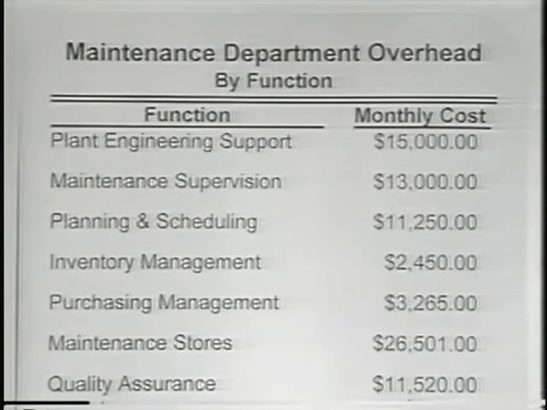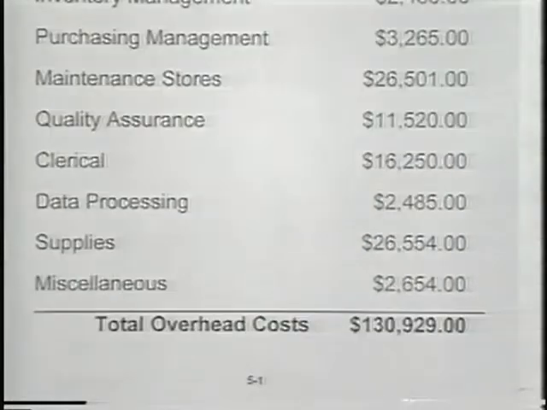We have maintenance supervision of $13,000, and the planning and scheduling is $11,250. Inventory management of $2,450, and you can continue to read the balance of the individual monthly costs.